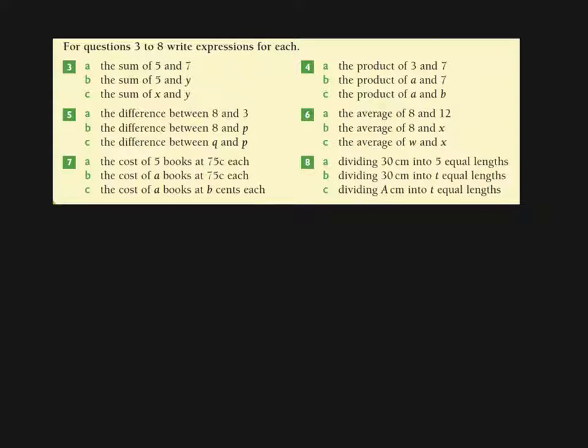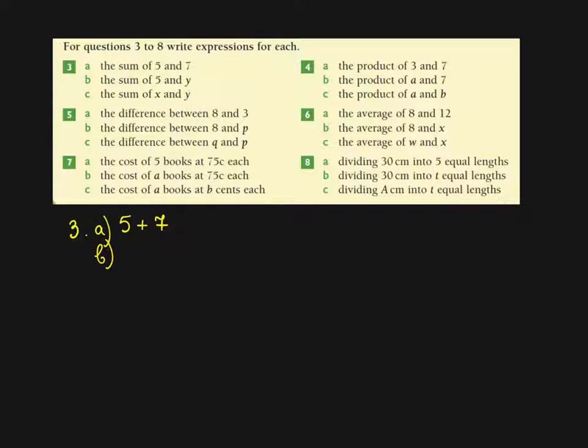For exercise 3, I'm asked to write an expression for the sum of 5 plus 7. The sum of 5 plus 7 is 5 plus 7. Here I'm just asked if I know the terminology and I can interpret a statement and write it into a mathematical statement.